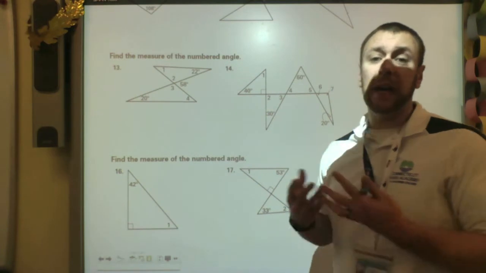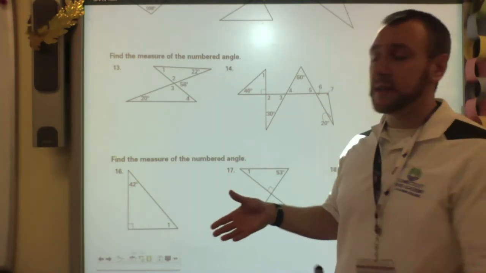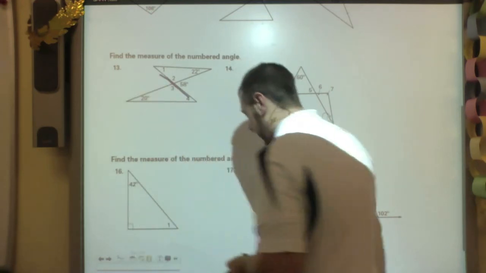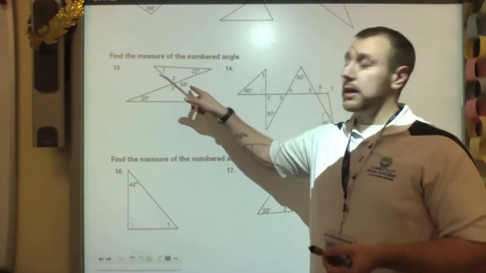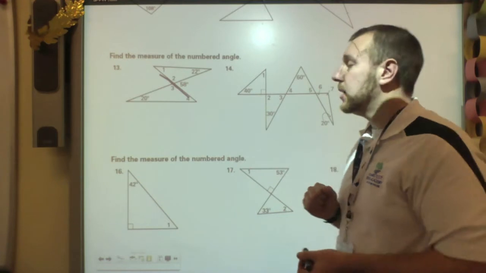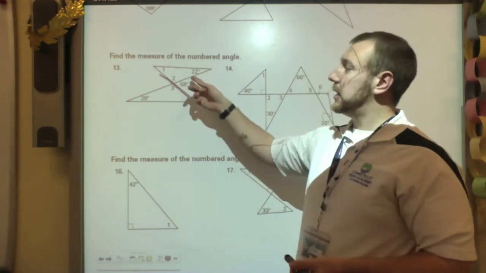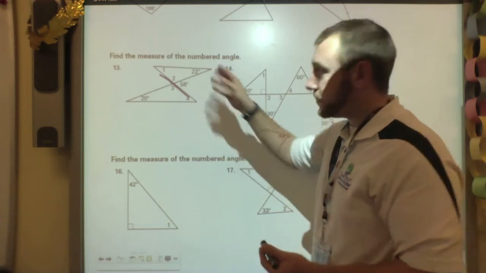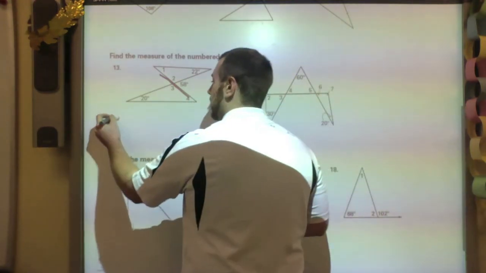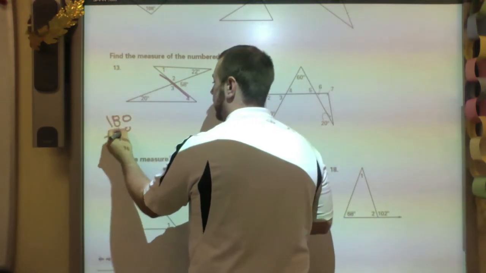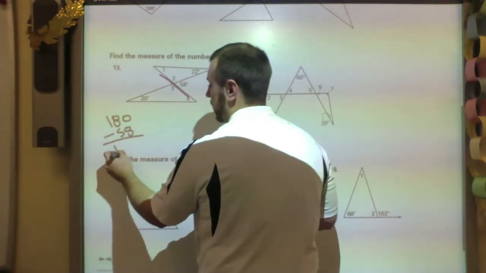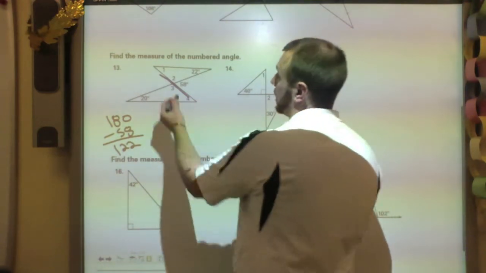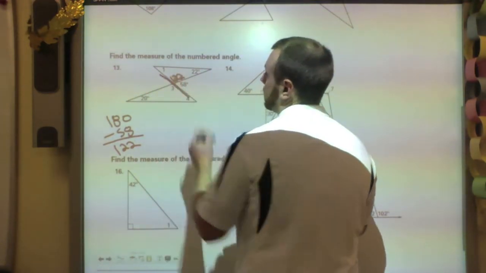Every time you see an exterior angle like that, an angle on the outside, you have to think, okay, that line is created by these two angles put together. So what I'm going to do is I'm going to take this 58, and I know a straight line adds up to 180. So I'm going to do 180 minus 58, and I'm going to get a grand total of 122. So that angle 2 here is 122.